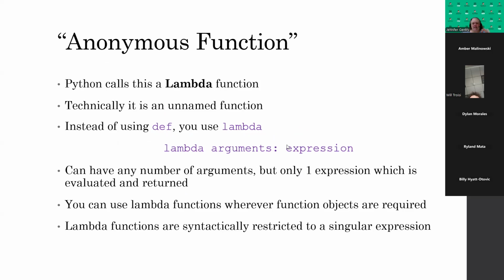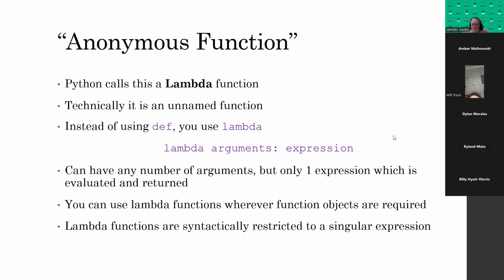You can use your lambda function wherever function objects are required. They're syntactically restricted to a single expression. So again, very important: it can only do one thing, but it's going to be really good at doing that one thing.